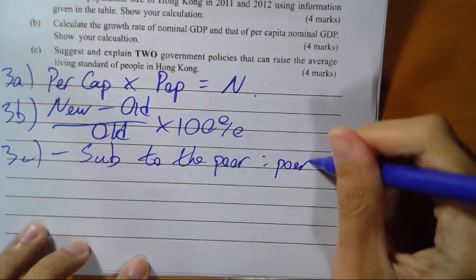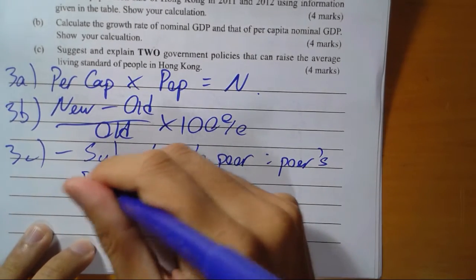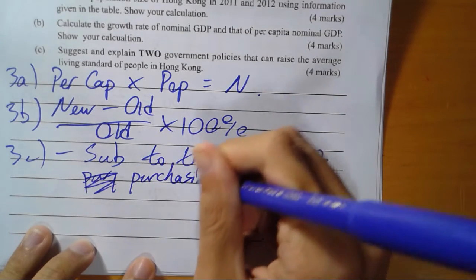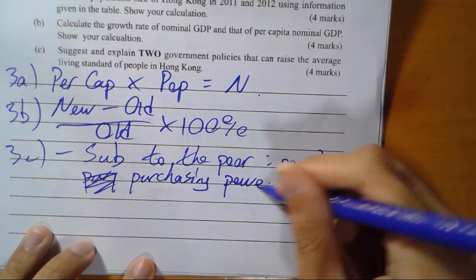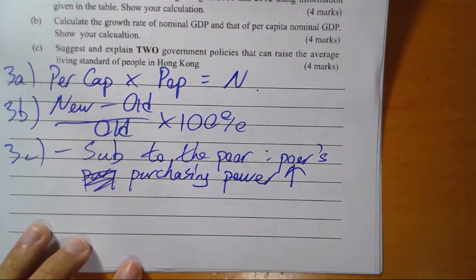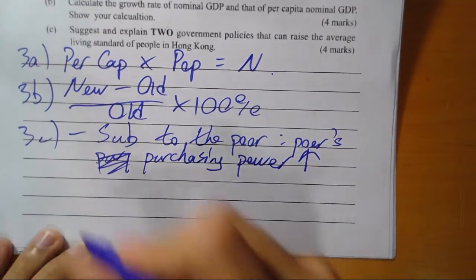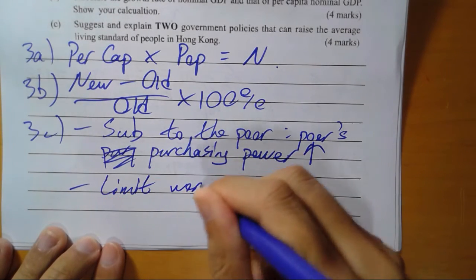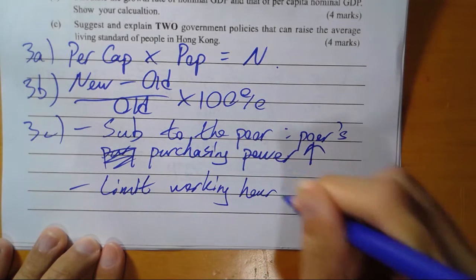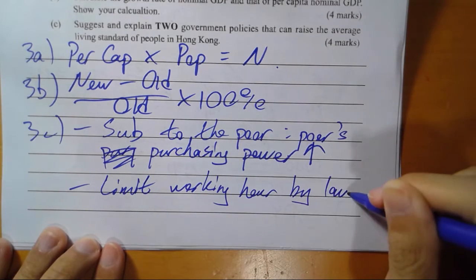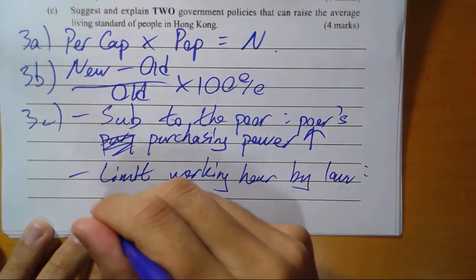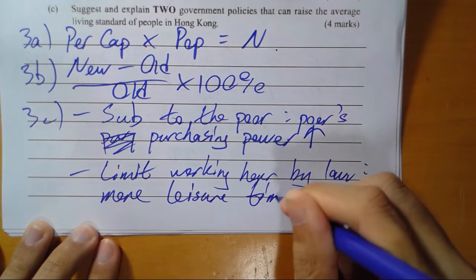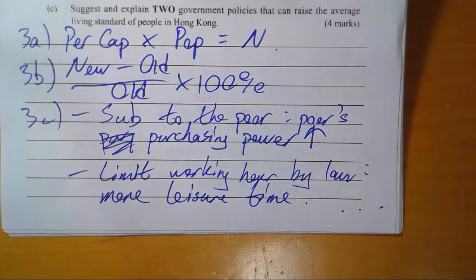So that the poor's purchasing power would go up. 係嘛？That can help, right? Second, some of you say limit the working hour by law, 係嘛？Maximum working hour, such that people have more leisure time, and many other possible ways.